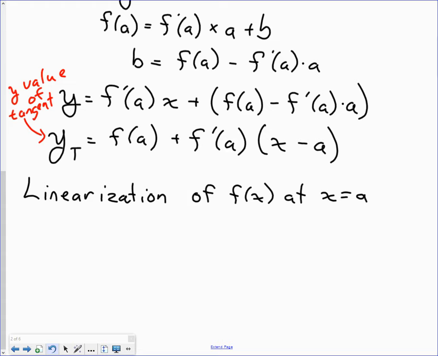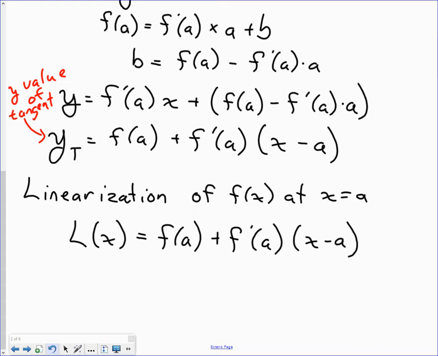Because it's called the linearization equation, it's usually called, instead of f at x, L at x. So L at x is just, as we have up above, f at a plus f prime at a times x minus a.